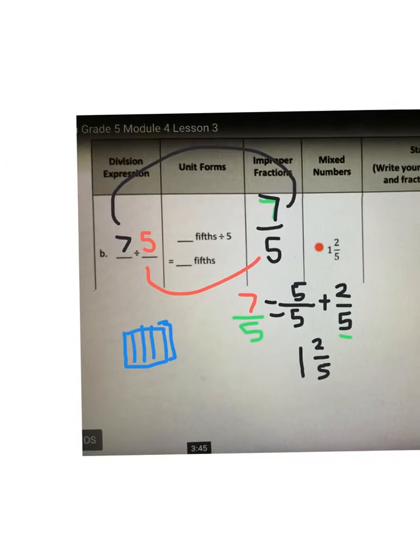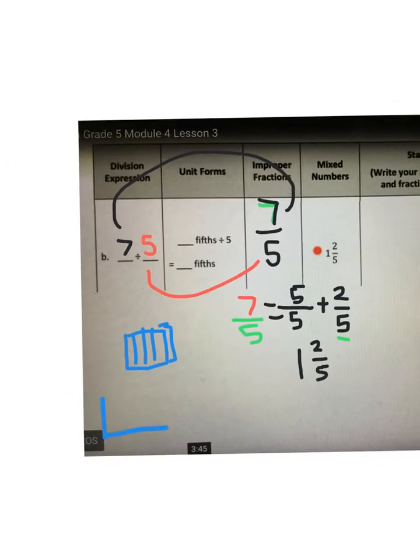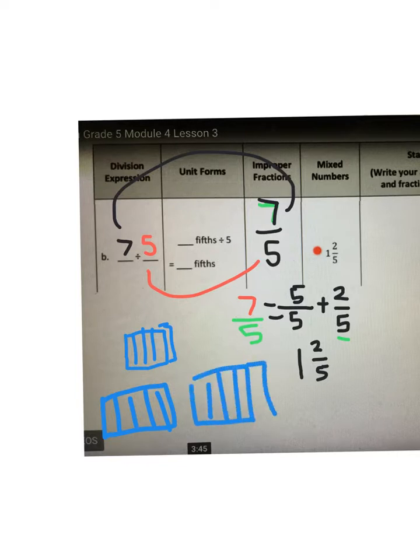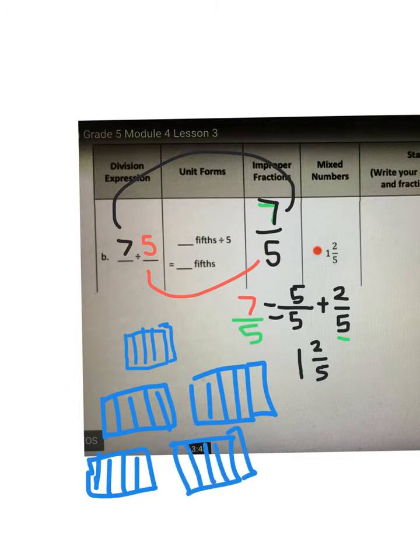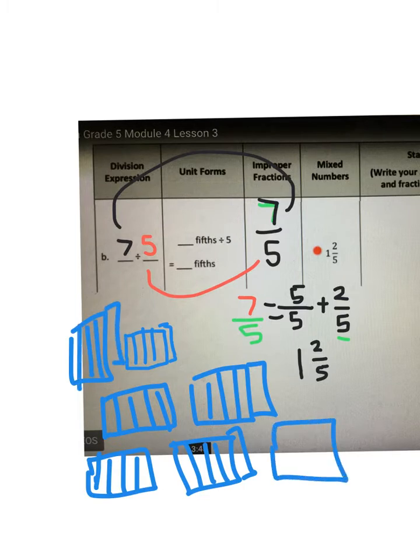Let me zoom out. 2 groups. 3 groups. 4 groups. 5 groups. 6 groups. 7 groups.